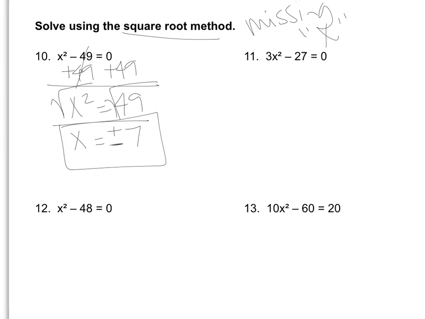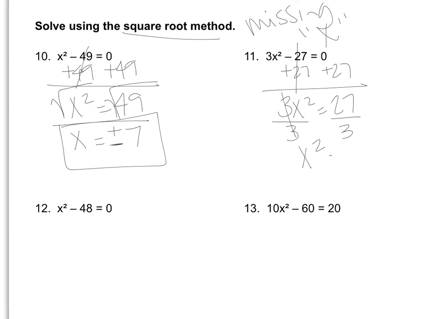Okay, so number 11, get x squared by itself. So add 27. 3x squared equals 27. Divide by 3. So x squared would equal 9. So we got our x squared by itself.